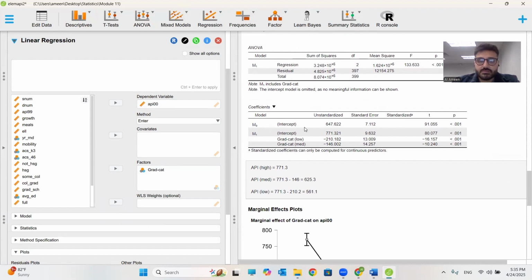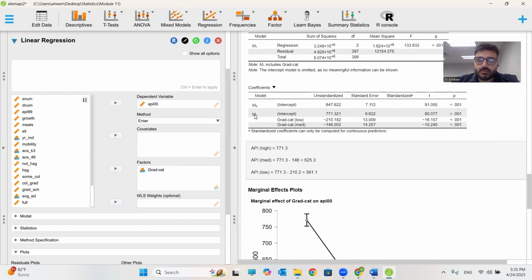Looking at the coefficient here, it's telling us the same story. The intercept without incorporating this factor is 647. Once we start incorporating the factor, which gives me model 1 over here, the intercept in this case is 771.